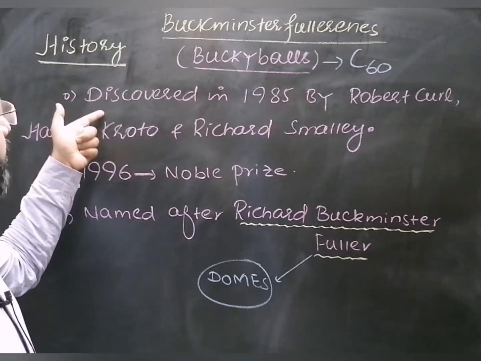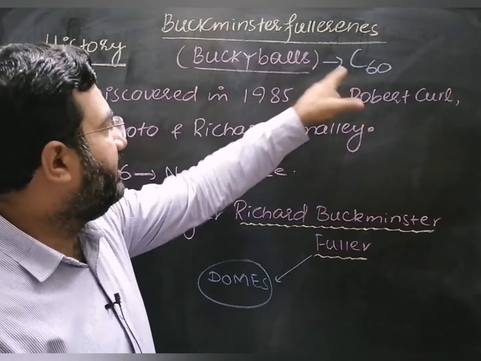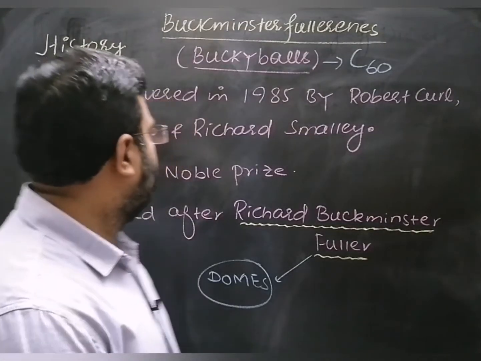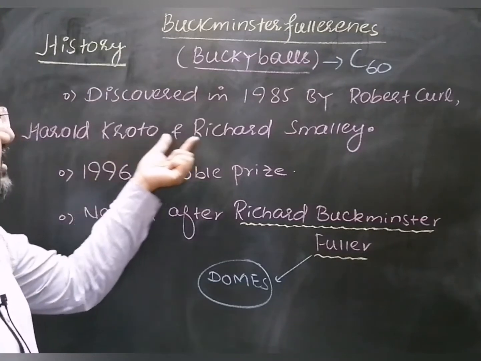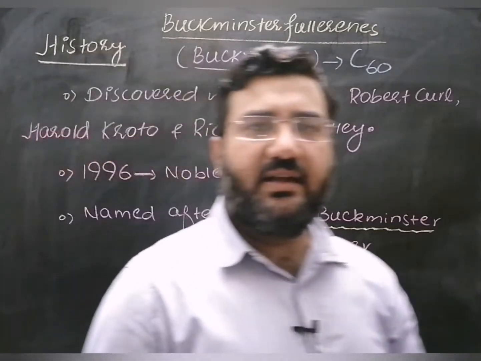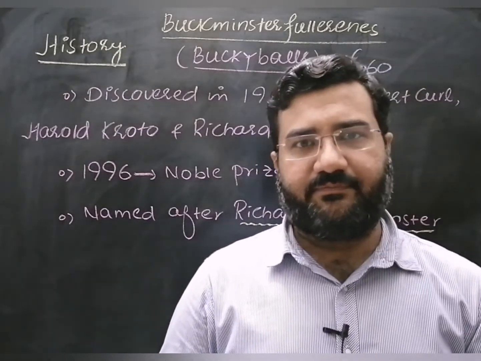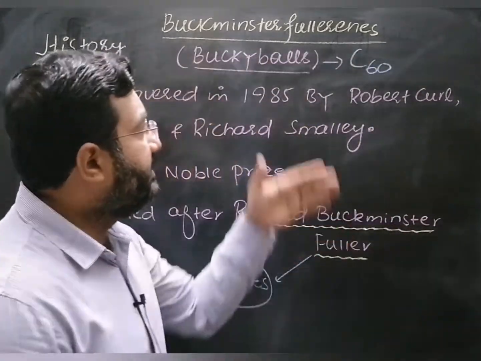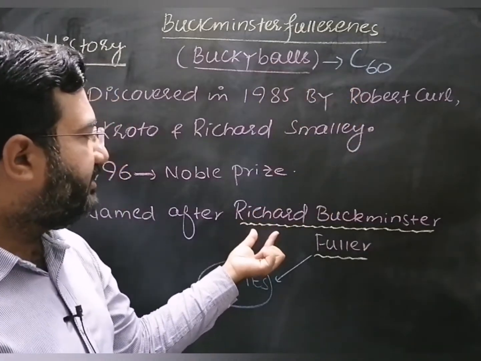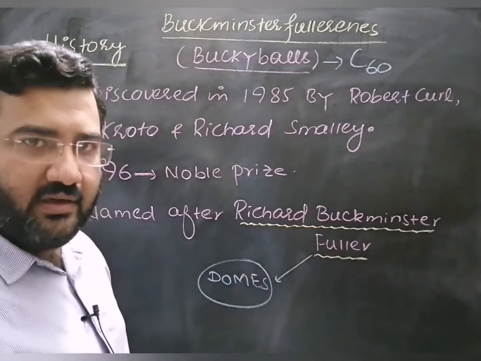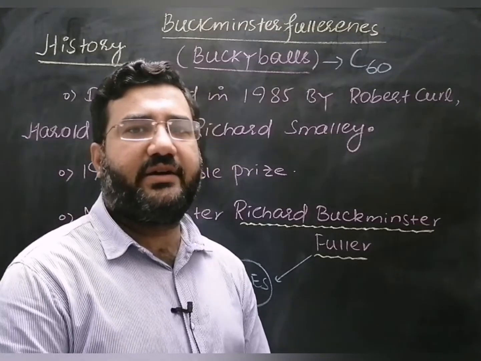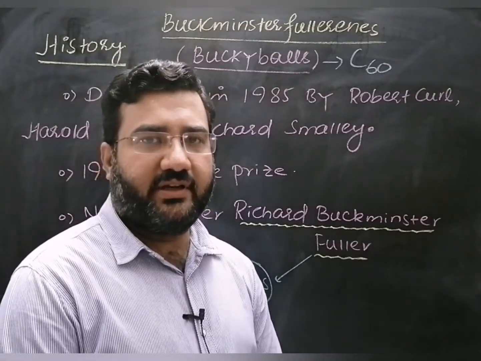The Buckyball having 60 carbon atoms was discovered in 1985 by Robert Curl, Harold Kroto and Richard Smalley, and they were awarded the Nobel Prize in 1996. They named this newly discovered allotropic form of carbon after Richard Buckminster Fuller, who designed many domes having the same shape as the Buckminsterfullerene.